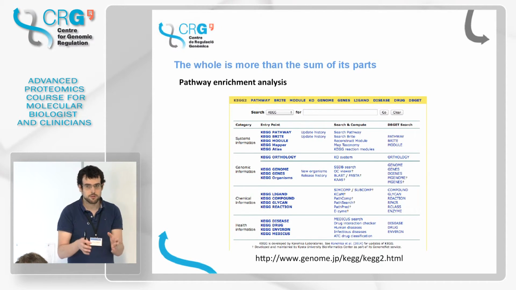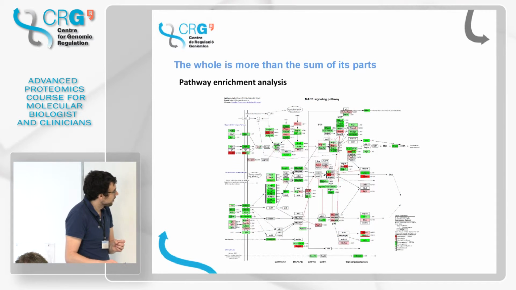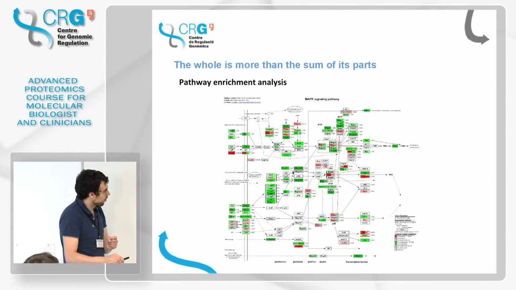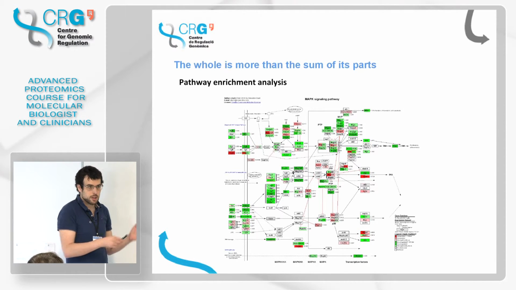For example, in this case, I would see that all the red or all the green ones are significant proteins mapping to a certain pathway here or here, and I would say, well, to see so many proteins for this pathway is not random, but actually happening because this is the process that I'm affecting with my particular treatment.